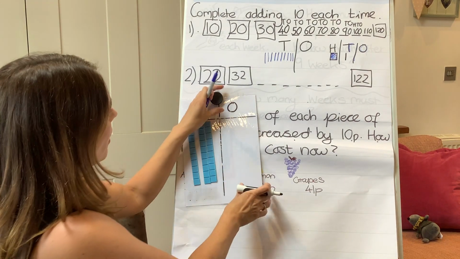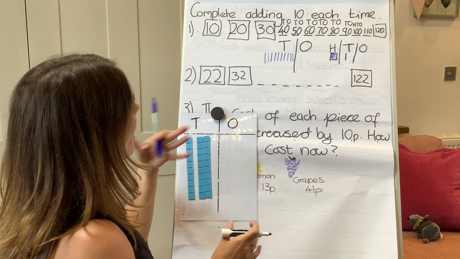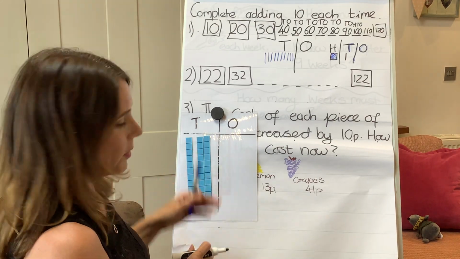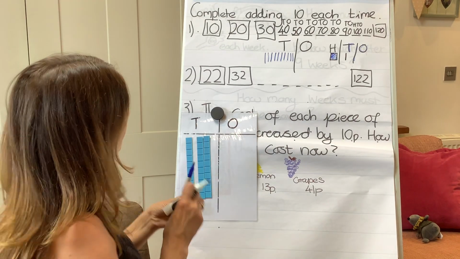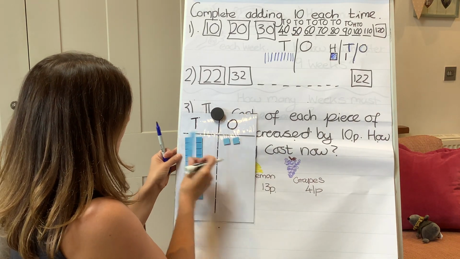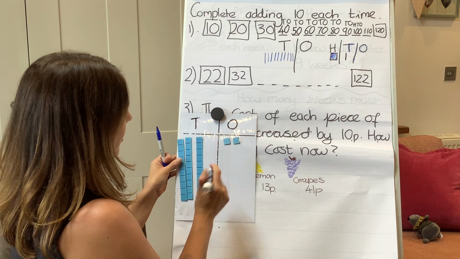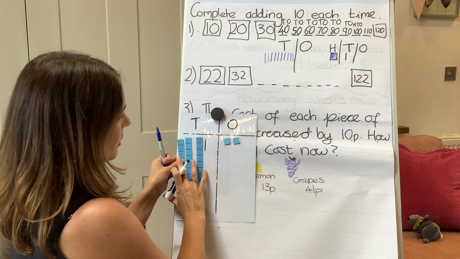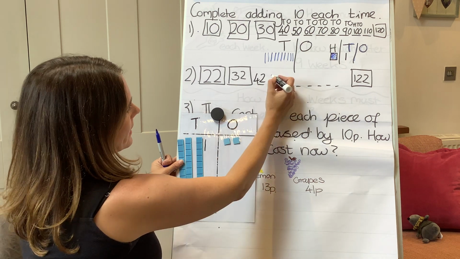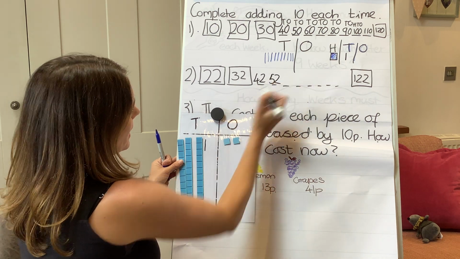Okay, this one, we've got 22. It's increasing by 10 each time, so we're adding on 10. We've got to 32, and what we can do with this is add on some more 10s. So 32 add 10 is 42. 42 add 10 is 52.